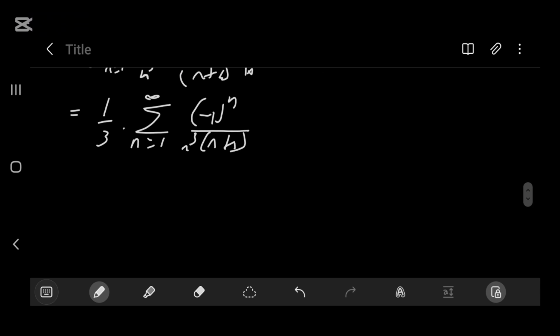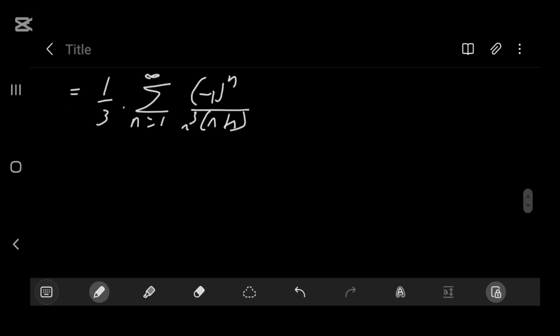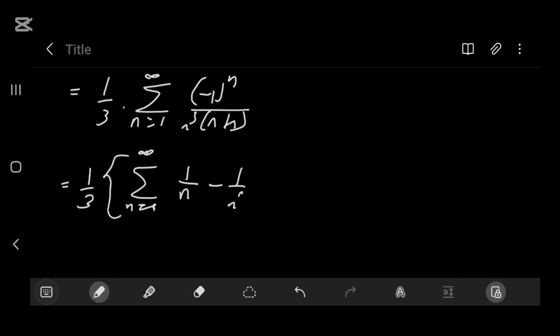Doing some partial fractions here, we'll get 1 over 3, in parentheses, the sum from n equals 1 to infinity, where the partial fractions become 1 over n minus 1 over n squared plus 1 over n cubed minus 1 over n plus 1, times minus 1 to the power n.